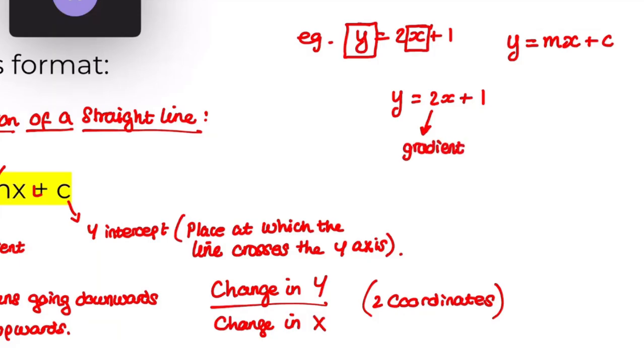The thing which is next to the x is going to be the gradient, and the number which is by itself tells you the y-intercept. So in this case, the gradient is 2, the steepness of the line is 2, and it crosses the y-axis at 1. That's the y-intercept.